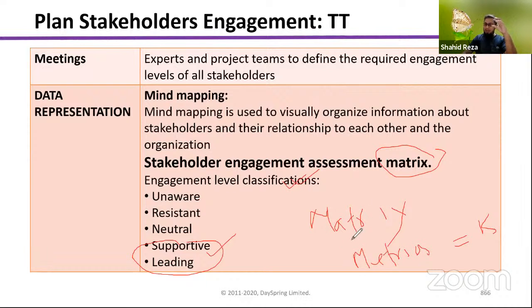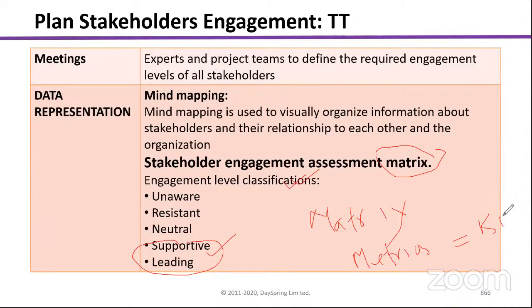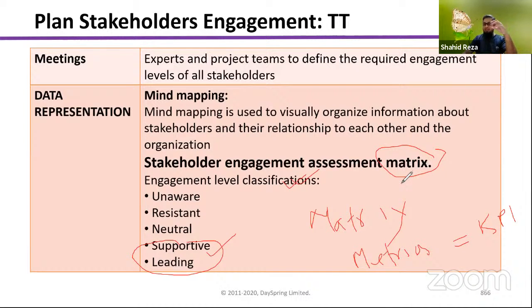But now we are talking about a matrix, which can be of different types. Generally, the simplest way of representing a matrix is a table, a two-dimensional table. Let me explain in the next slide what the assessment matrix actually is.